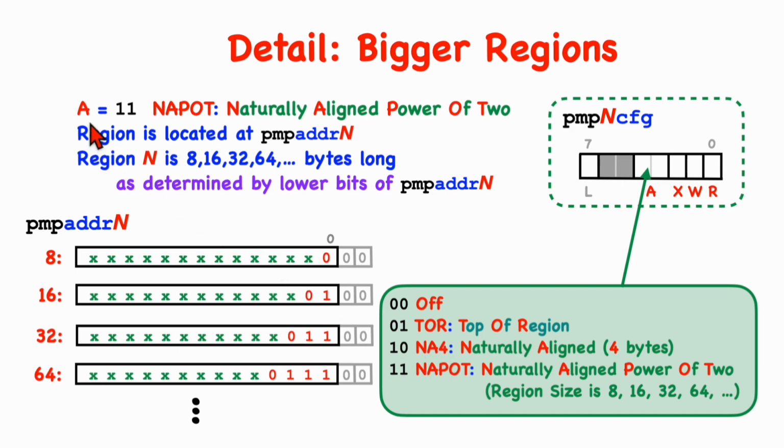Okay, so if the configuration byte contains this code, then the hardware will look at the value that's stored in the corresponding address register to determine just how many bytes are to be in the region. The address register contains an encoding of both the starting address as well as the region size. Basically, the position of the rightmost 0 in the register tells just how big the region is to be.